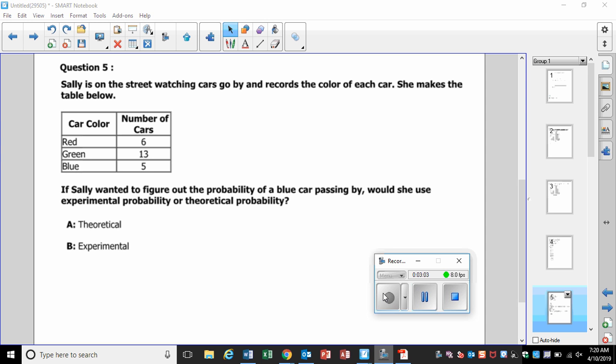Blue cars, 5. If Sally wanted to figure out the probability of a blue car passing by, would she use experimental probability or theoretical probability? Choice A, theoretical probability. Choice B, experimental probability.